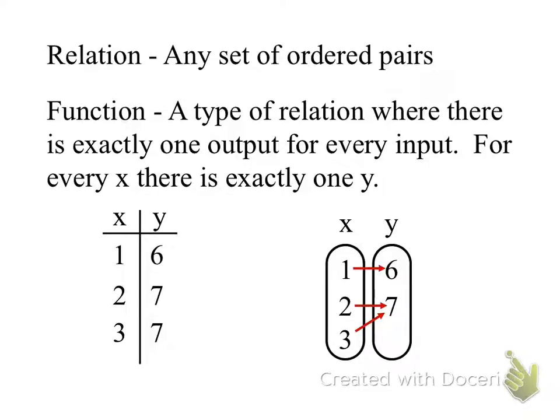No. Not, yes. Because none of the x's repeat. None of the x's repeat, so that means it's what? It's a function. It is a function. All of you guys are looking at the y's repeating. Absolutely, you can have y's repeat. There's no addition here.